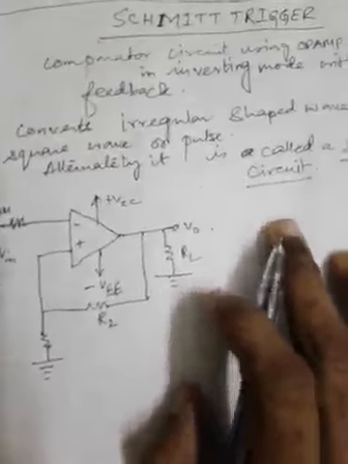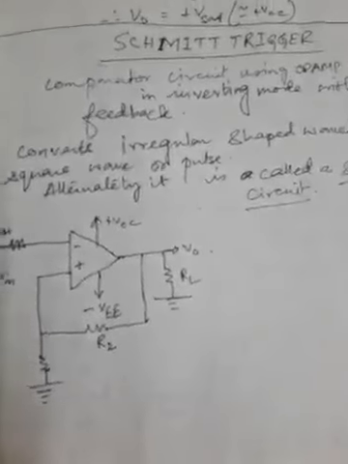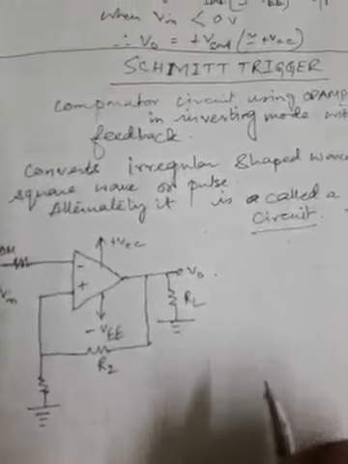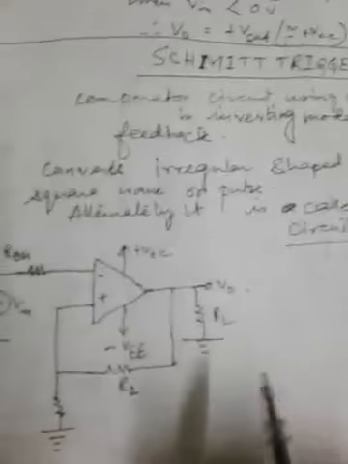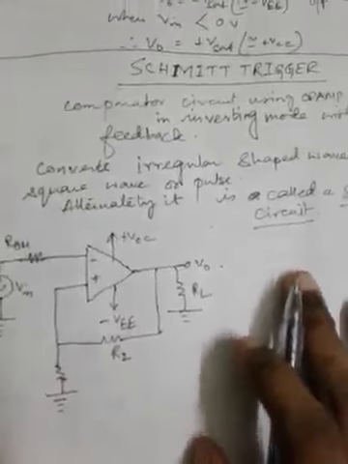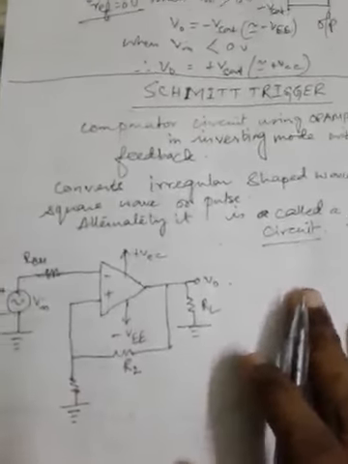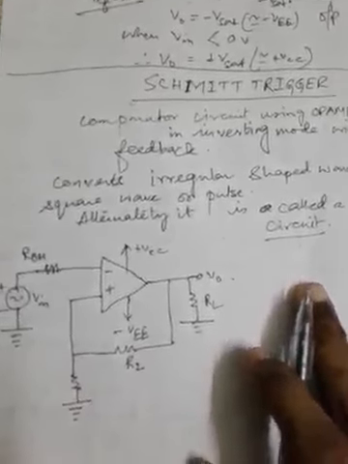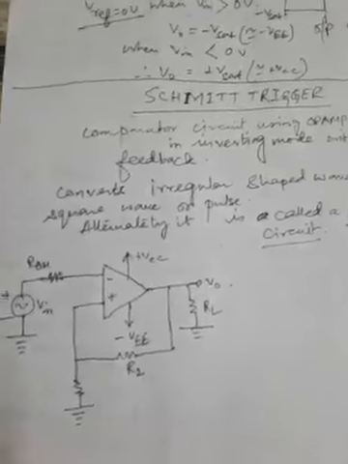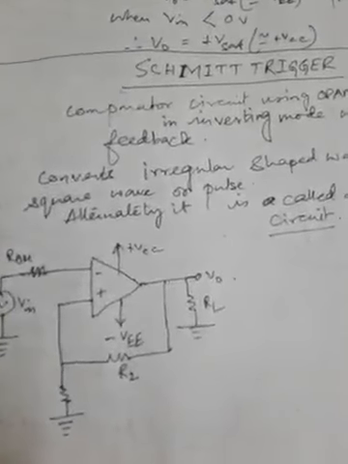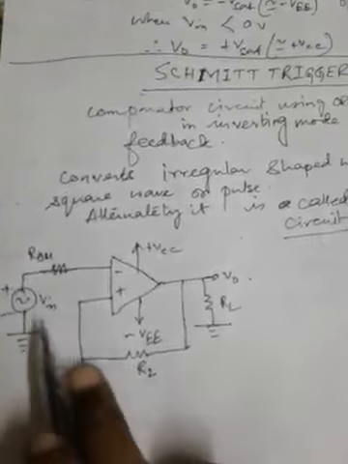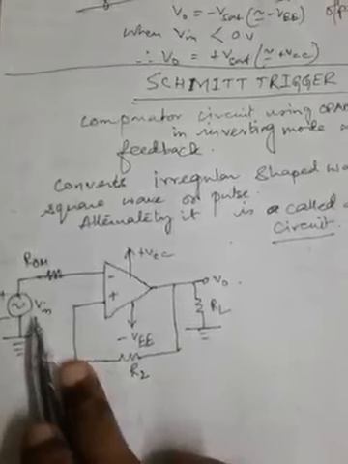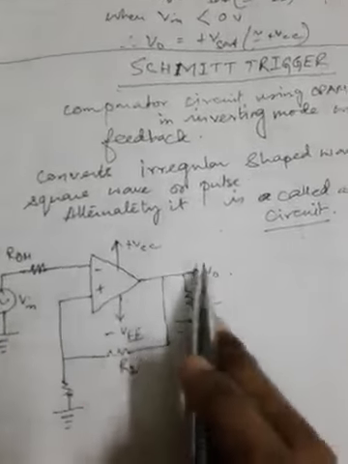So this R1 and R2 will be forming a potential divider circuit between the output and the non-inverting input, and this circuit is basically the comparator circuit working in inverting mode, and the feedback that is used is positive feedback here, and the input voltage Vin here, which is applied at the inverting terminal, triggers the output VO.